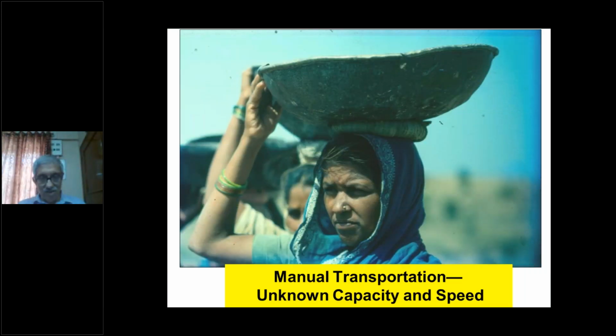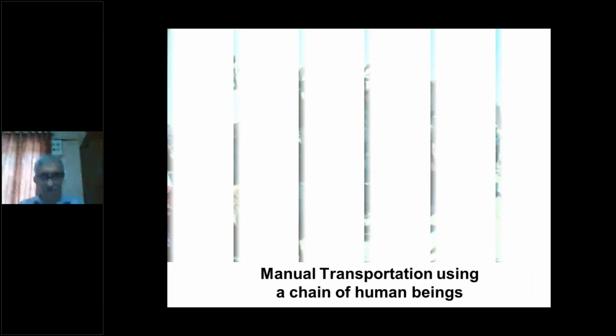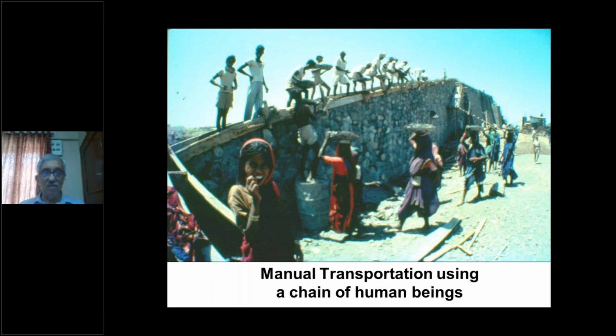When you are doing manual transportation, it's very difficult to know the capacity and the speed at which the concrete will be transported, because it will depend on the individual who is carrying the load on his or her head from the mixer to the formwork. Manual transportation using a chain of human beings can be fast or slow depending on the weakest person in the entire chain of workers.